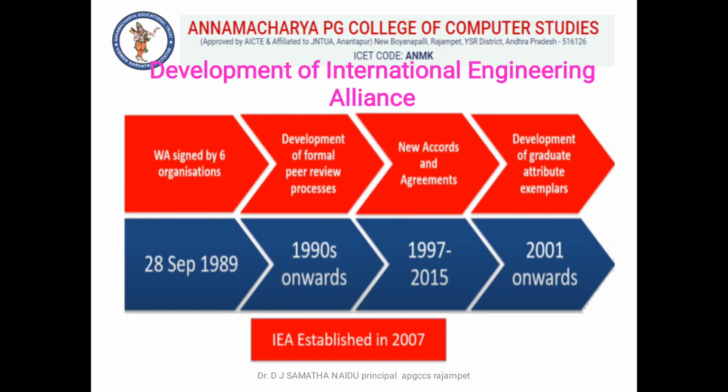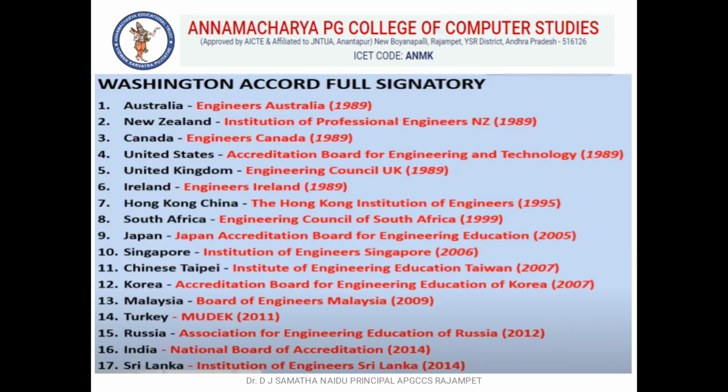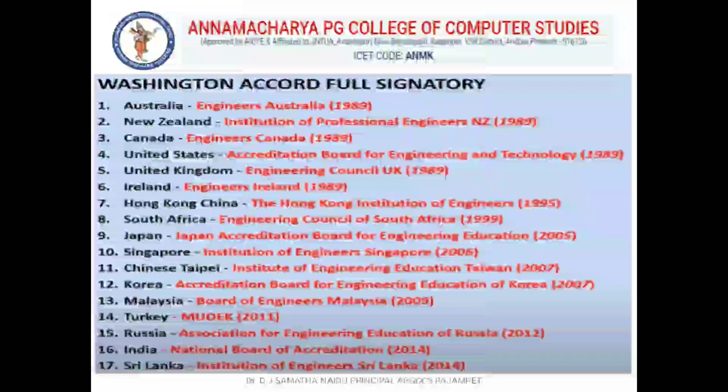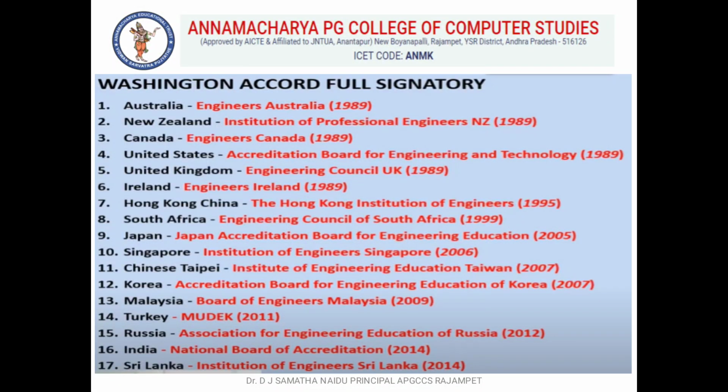IEA was established in 2007. These are the 17 countries signed with the Washington Accord as full signatories.